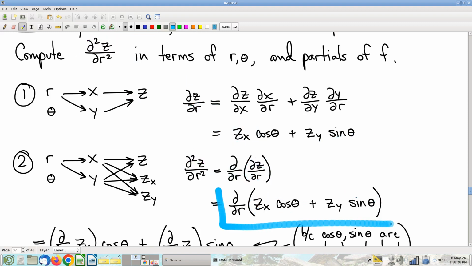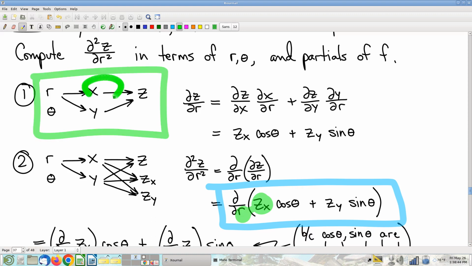Now I want to look at this equation here and ask what to do about this. What, for example, will I do when I get to the point where I'm taking the partial of z sub x with respect to r? z sub x is not on my diagram up there. Is z sub x a constant or something, or how do I deal with that?